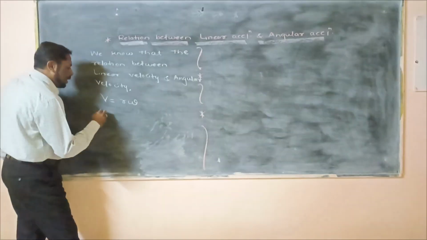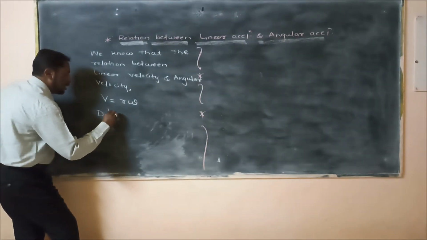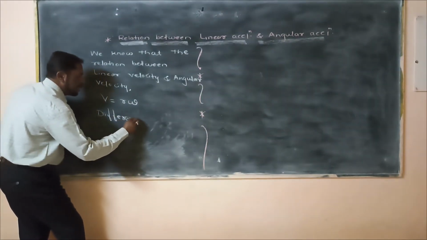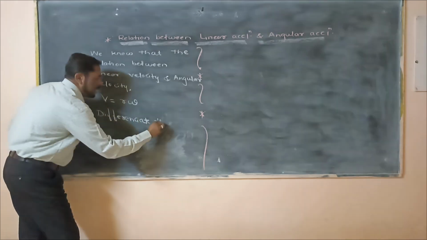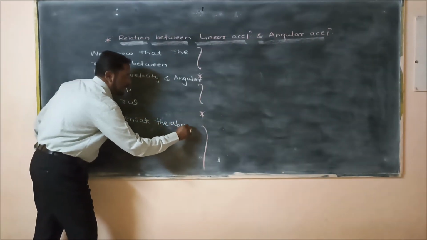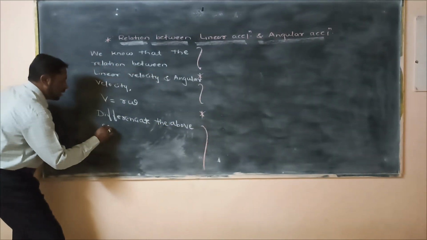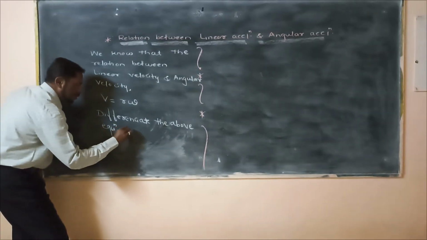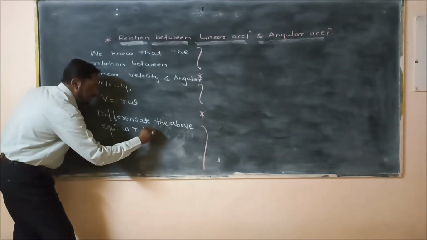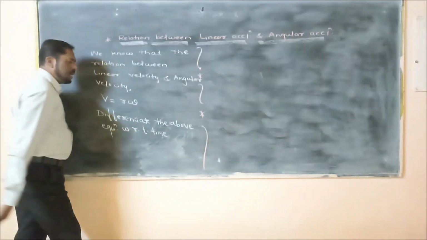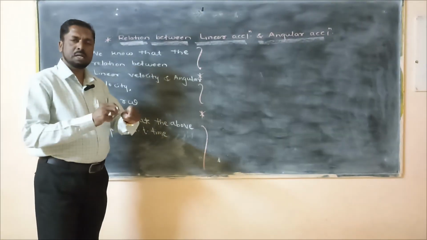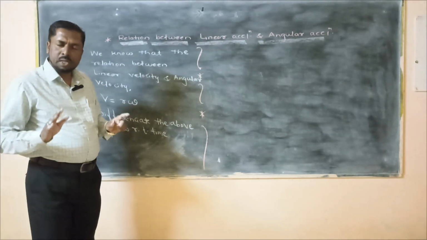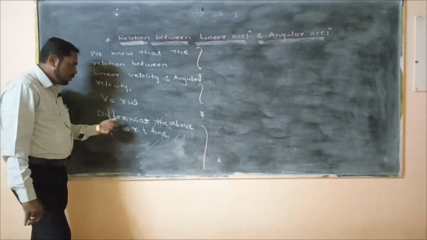Just differentiate the above equation with respect to time. Differentiate means to write d by dt.